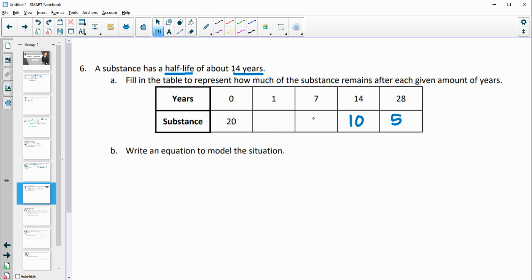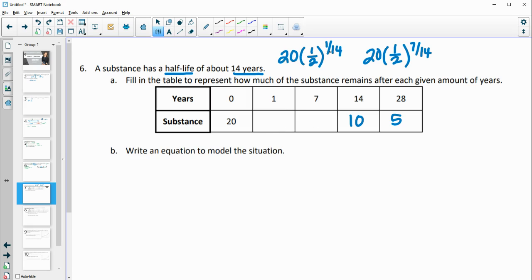Now, in between these is a little bit trickier to figure out because now we only want 1 out of 14 years. So now we're going to be taking 20 times 1/2, its half-life, to the 1/14th of a year, or 7/14ths of a year, or 1/2 of its half-life to get these two spaces here.